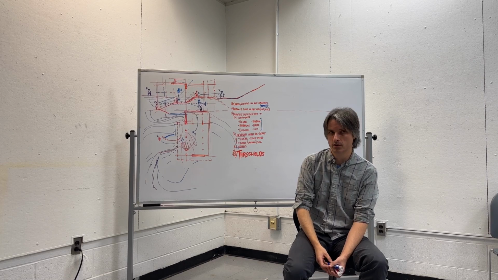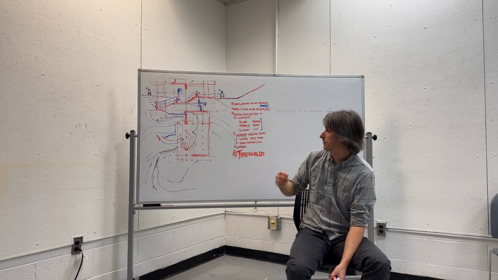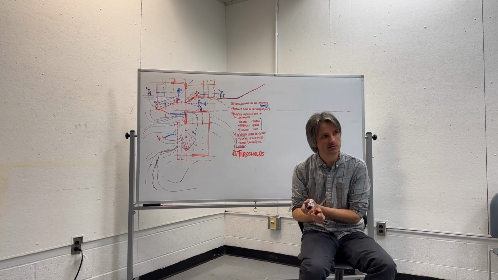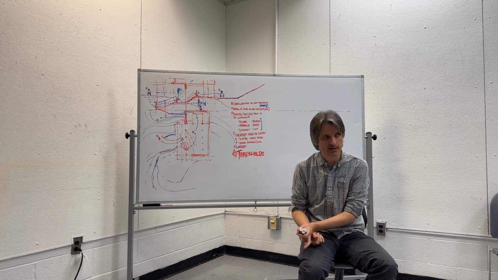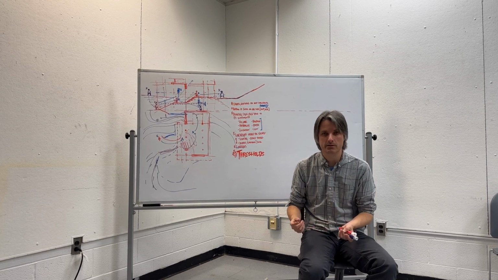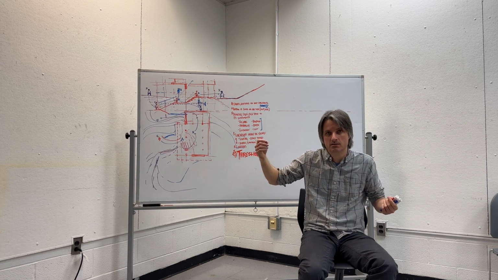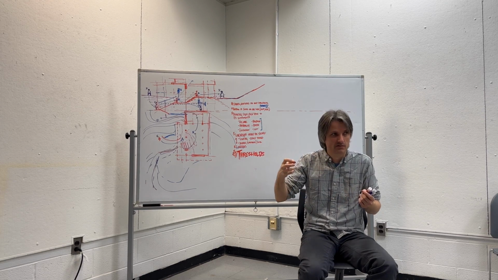So, for the homework, you know where you are on the site, you know the moments that you want to have. So what you're going to do is a section that puts these moments together.